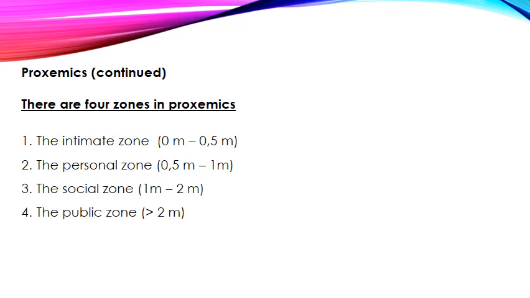And then lastly, we get the public zone. This is larger than 2 meters. I'm a weird person, I don't like people in my space, so this is ideal for me. This is what we should be doing now in the COVID-19 crisis. The public zone is larger than 2 meters, and this is for people who don't know each other at all. That's the distance we should keep.